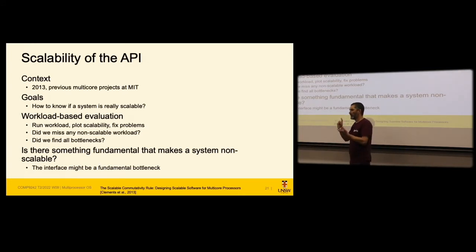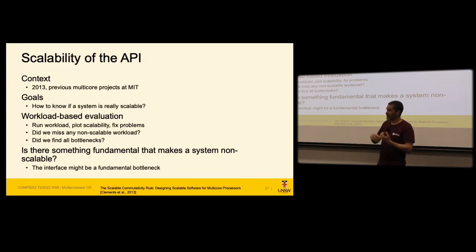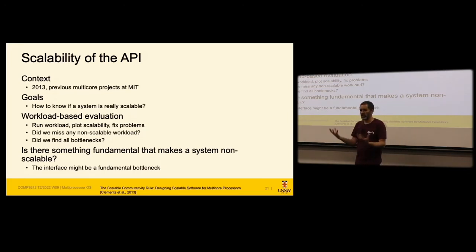Is our benchmark suite, the workload, complete? Are there any workloads that we've missed that might have scalability problems? And the other is, have we found all the bottlenecks in the code? Are there other potential parts of the code that we've missed? So you're never sure, you can never sleep well at night. You're never 100% sure that you fixed everything.